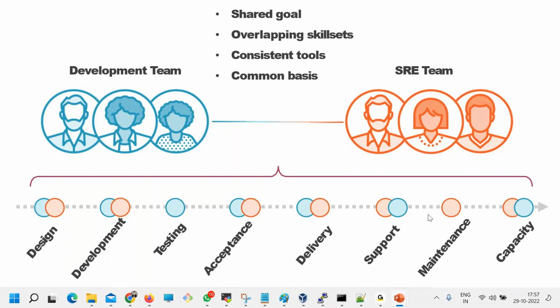During development, whatever the runtime environment, operating system, and configurations, involve the ops team. During the testing process also involve the ops team. And during the delivery, anyway, you are involving them.